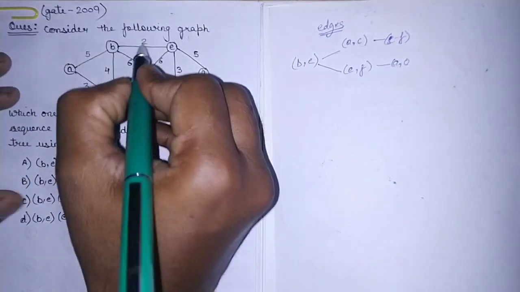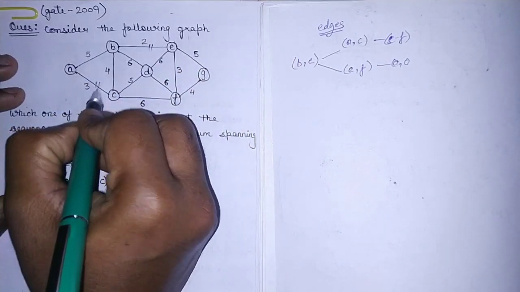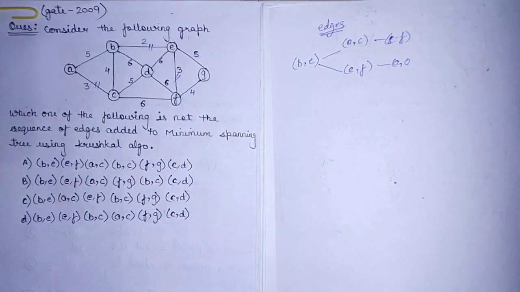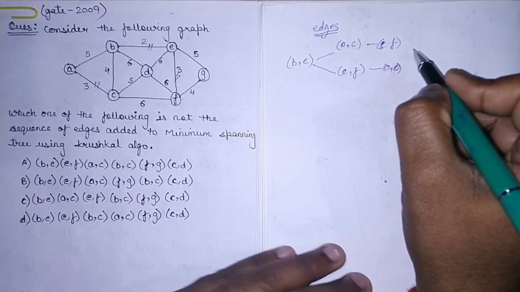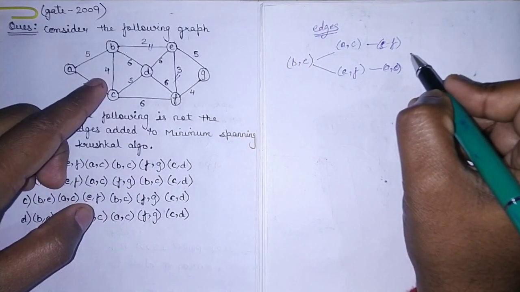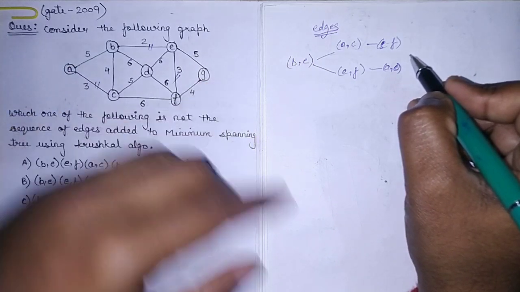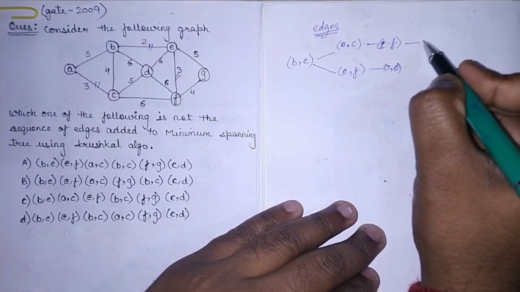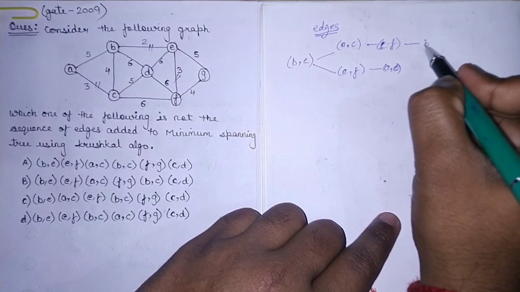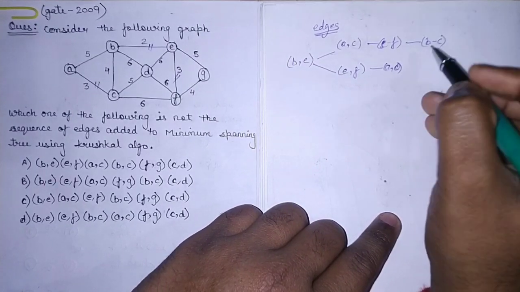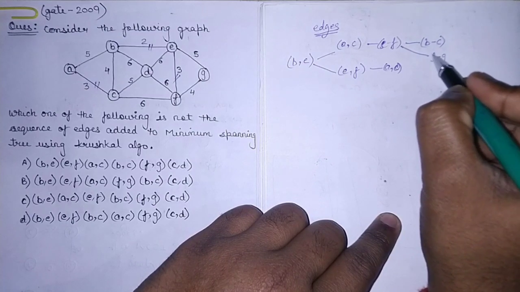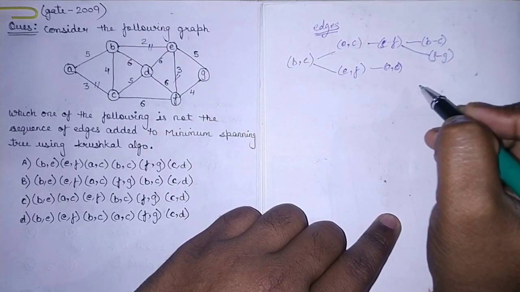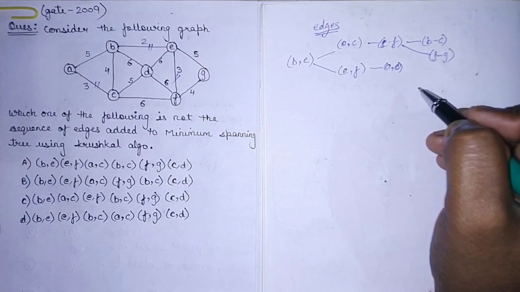So we completed this one and this one. Now which is the next minimum? The next minimum value is 4, that means BC and FG. So after EF I can take BC, or I can also take FG.